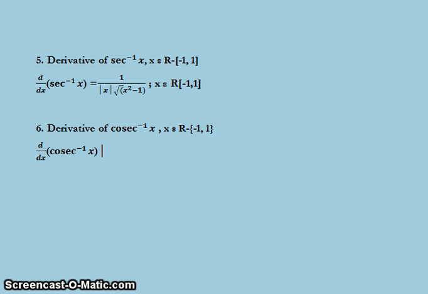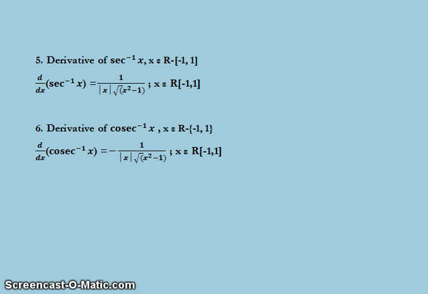The derivative of cosec inverse x is denoted as d by dx of cosec inverse x, and its value is equal to minus 1 divided by mod of x into root of x square minus 1, where x belongs to R minus the interval of minus 1 to 1. Thus we have discussed the values of the derivatives of the inverse trigonometric functions.